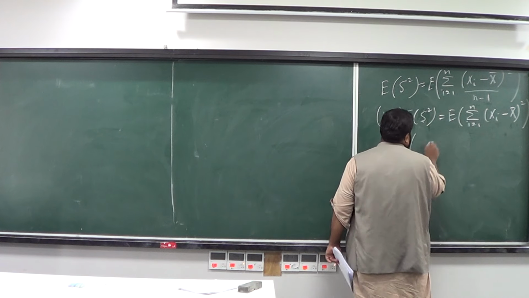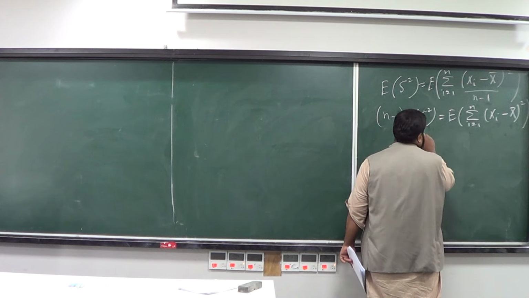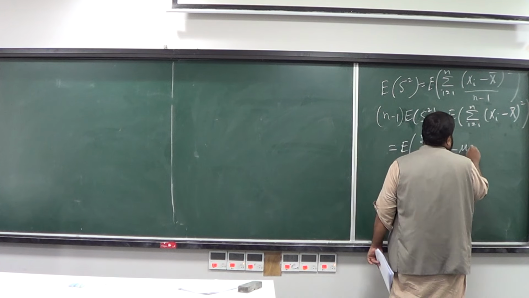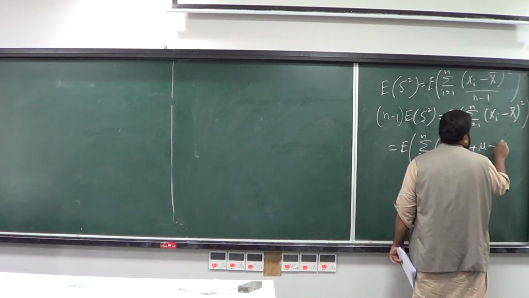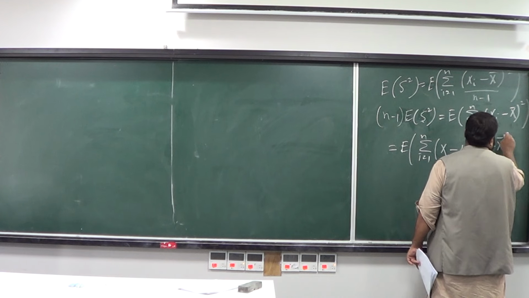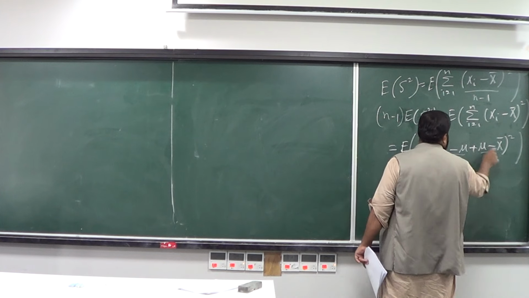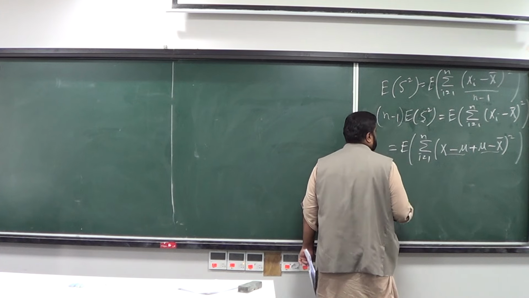So let's play a bit. Can I do this, that I add and subtract, for example, mu in this expression, and then apply what do you call the square formula.